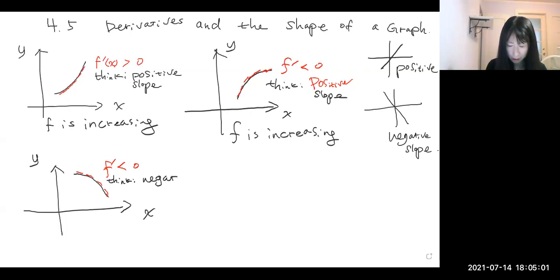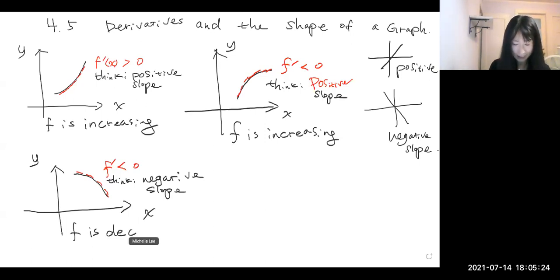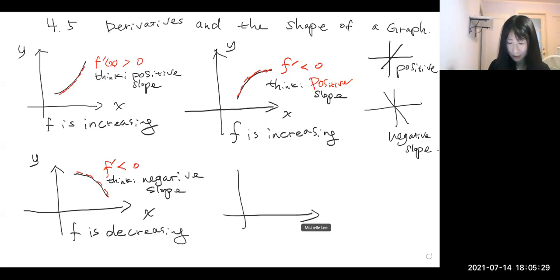Now the function f, is it increasing or decreasing? Decreasing.